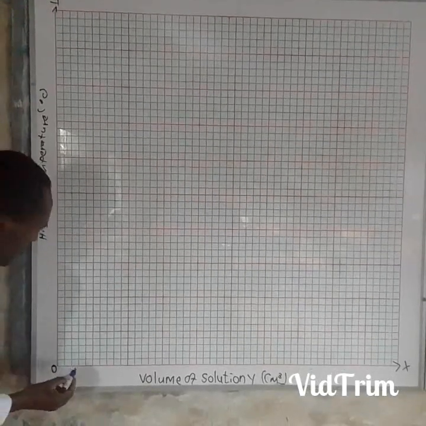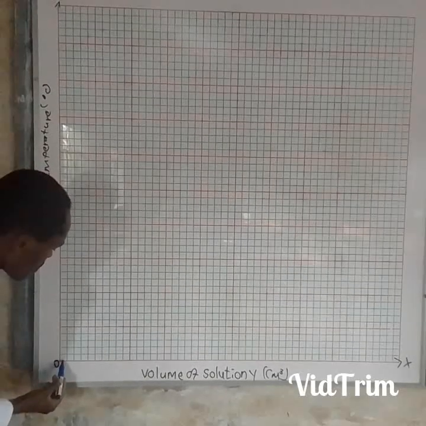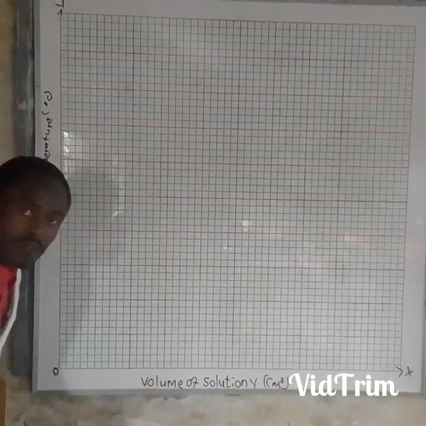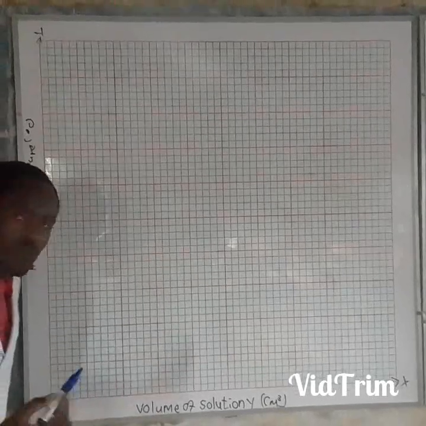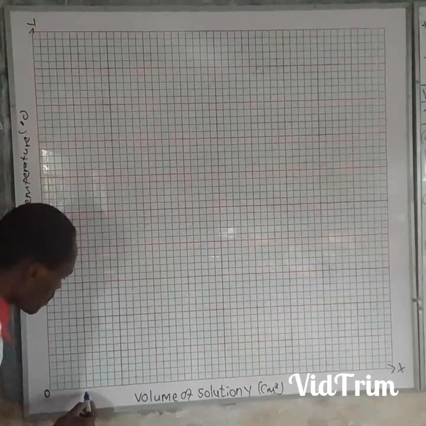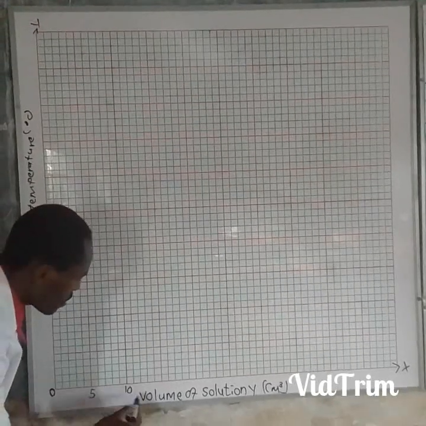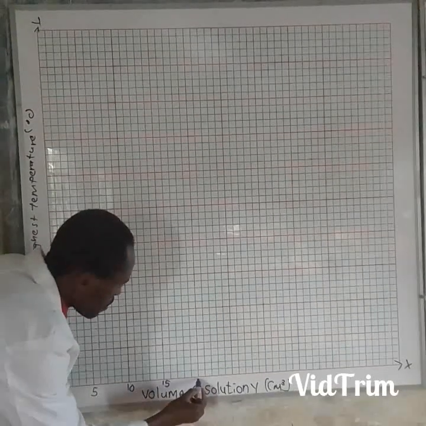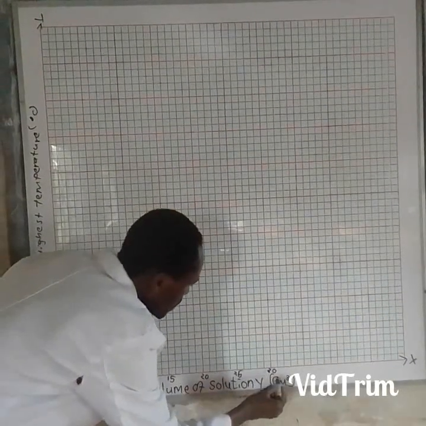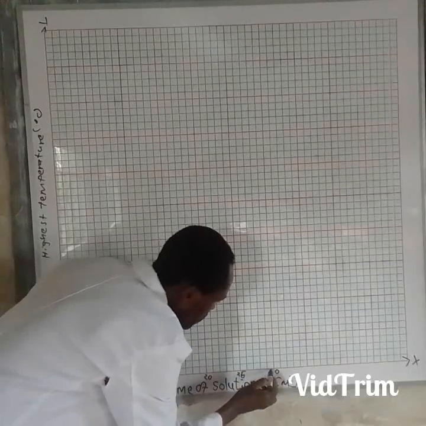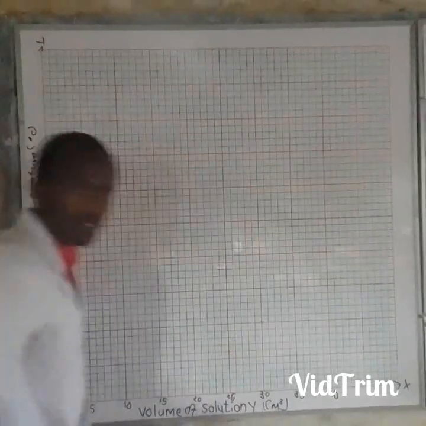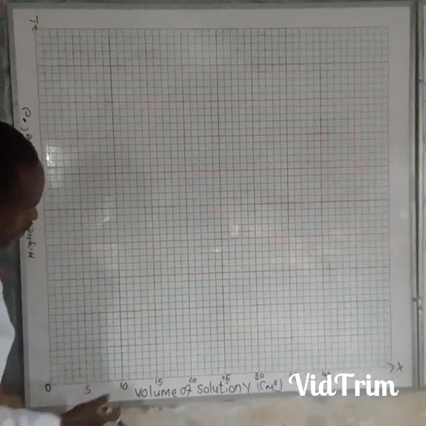Then I take one smaller square box to represent 1 centimeter cube for this volume of solution Y. So that you can say this is 5, 10, 15, 20, 25, 30, 35, then I say that is 40. That's the scale for the X-axis.